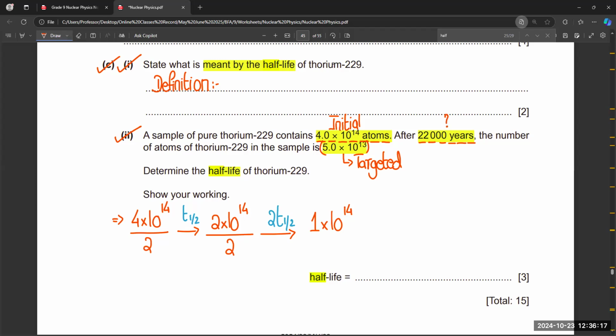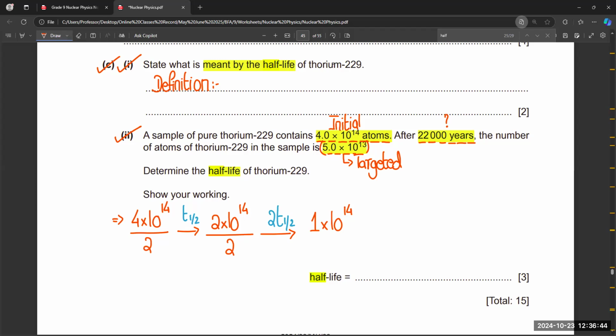We don't know how many half-lives will pass after this many years. In the question, it is mentioned that after 22,000 years, the atoms of this sample remain at this value. So this is our targeted value. Basically, we need to find this value by performing the calculation of half-life.